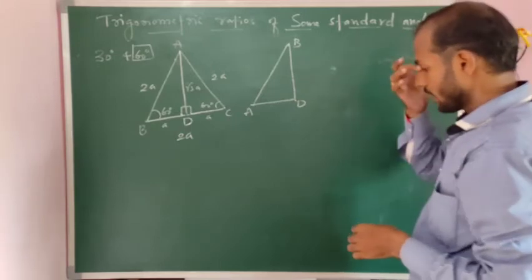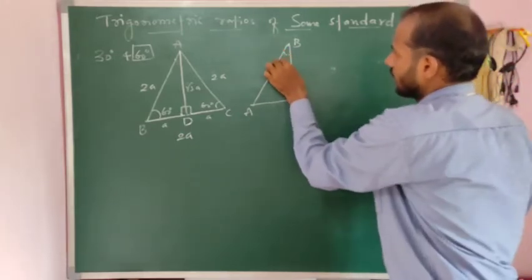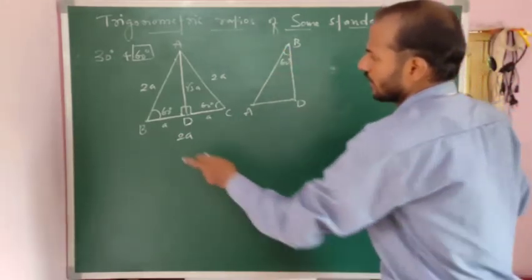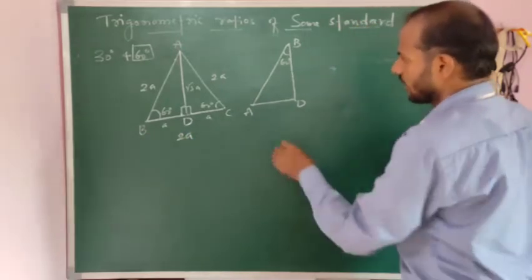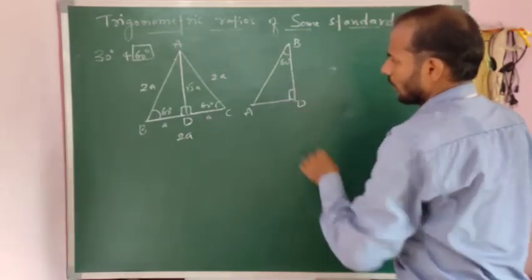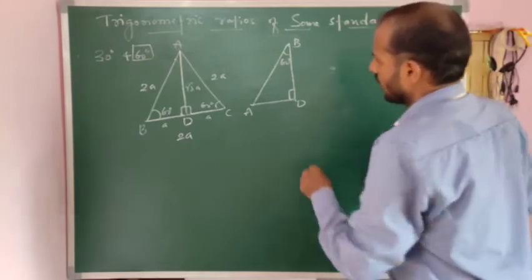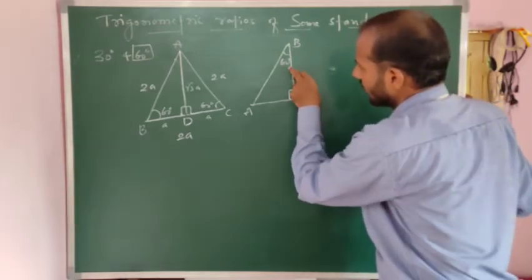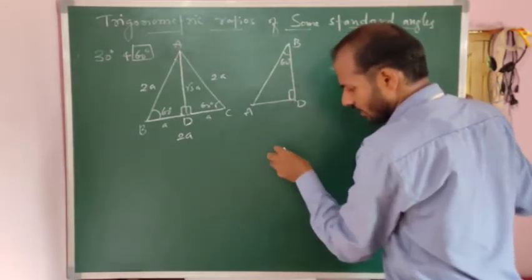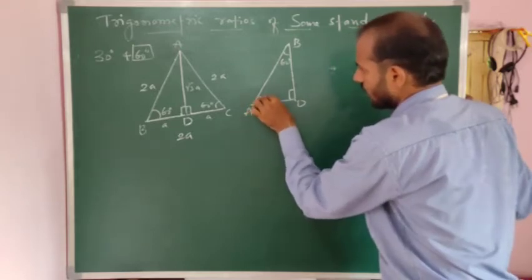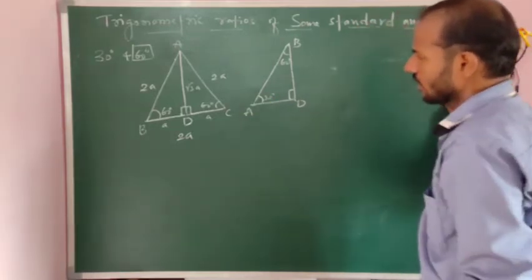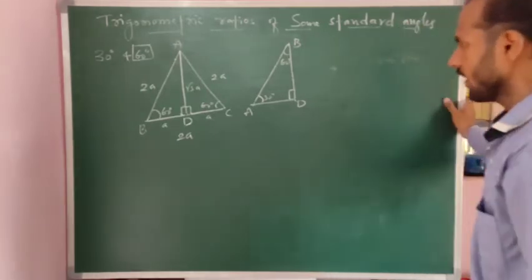The angle B is what here? It is 60 degree. And angle D is perpendicular, 90 degree. If it is 60 and 90, then this angle is what? It is 30 degree. Got it? Now we have to find angle A.